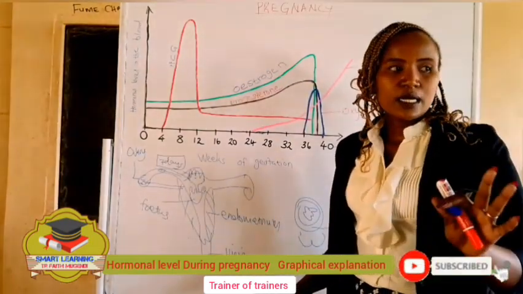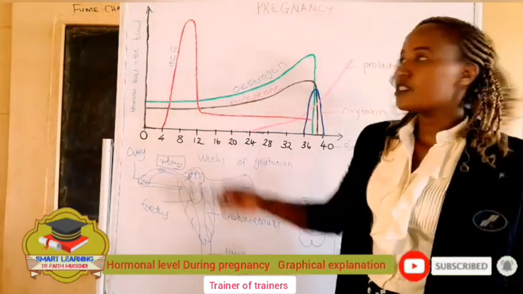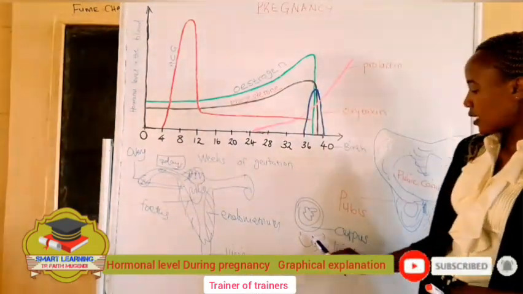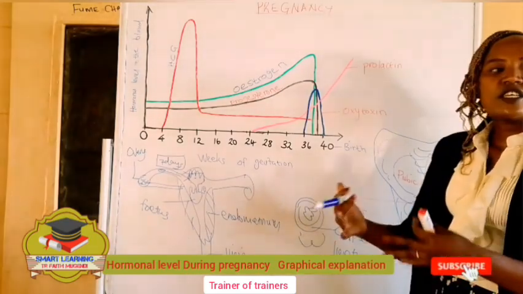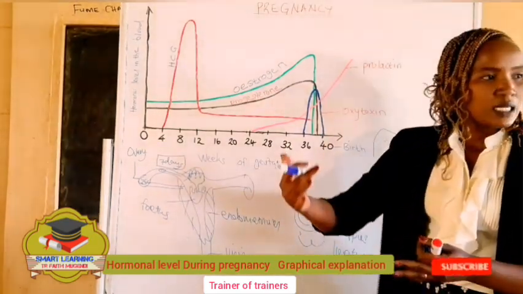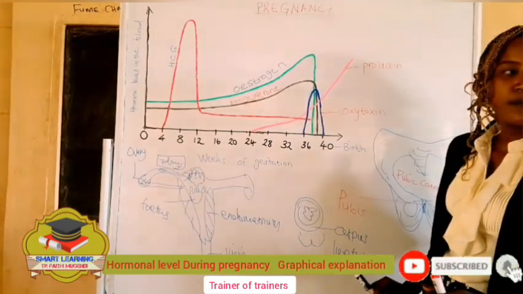I know you are stuck there. Then how is this hormone produced? We have seen that there is a regeneration of the follicle that ovulated to form the corpus luteum.